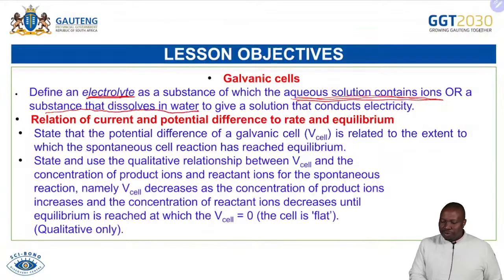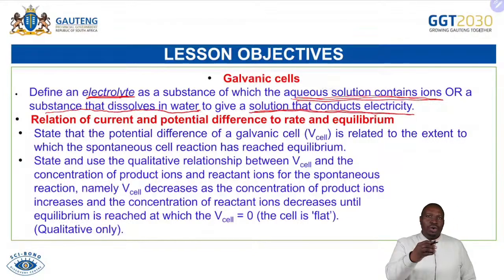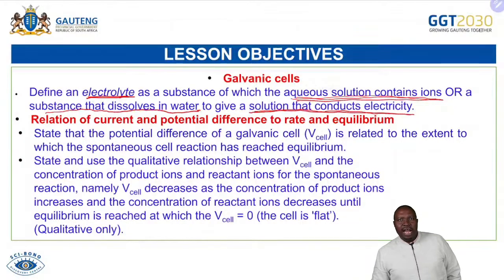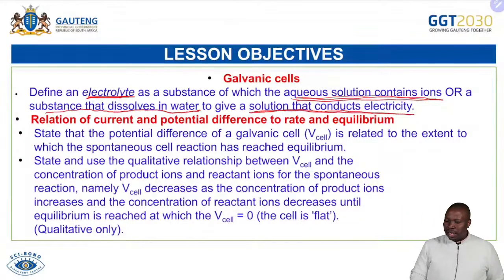This substance is dissolved in water to give a solution that conducts electricity. You see now the importance of that salt dissolving in water. When the substance dissolves in water, it forms ions, and these ions definitely will help with the electricity conduction. So we are saying it's a substance that dissolves in water to give a solution that conducts electricity.